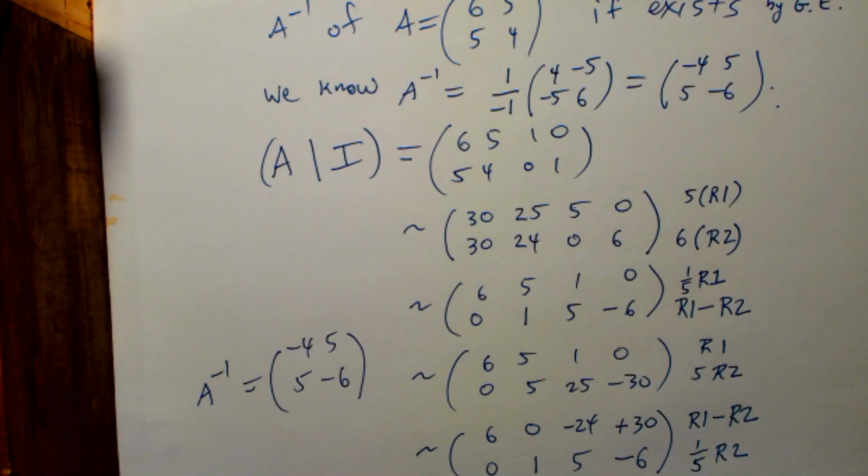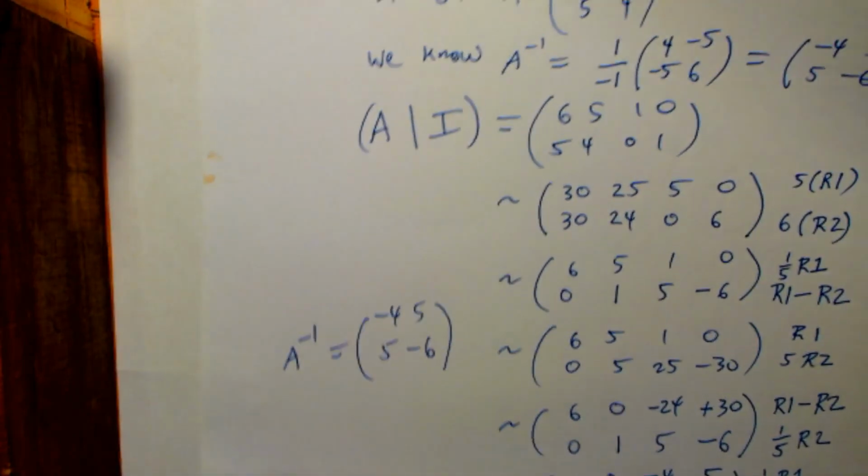Alright, so let's move on to example 7.7, which is our last example of this video, in which we're going to use Gaussian elimination to find the inverse of a 3 by 3. Now remember, we have a formula for this, but it's not all that simple.